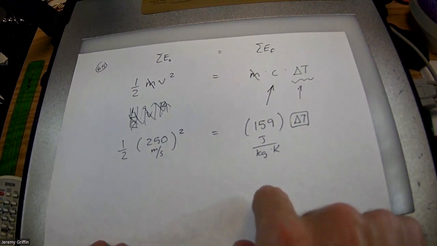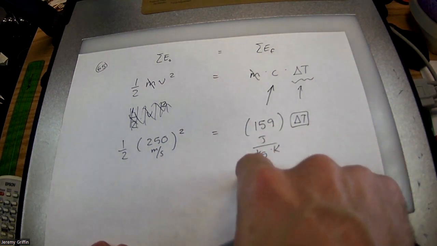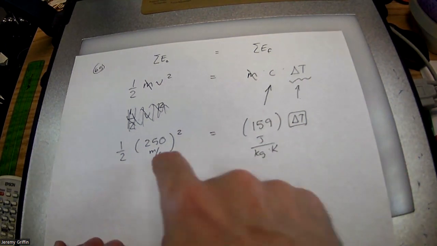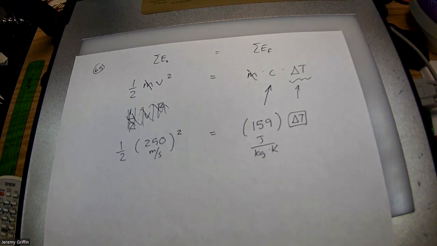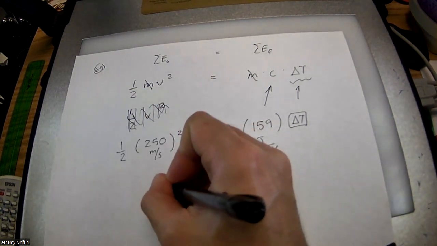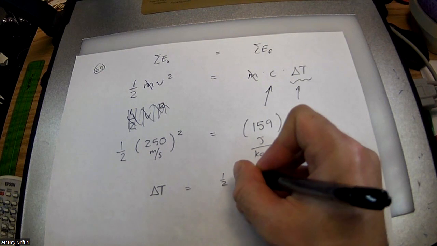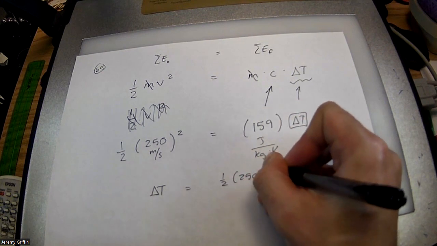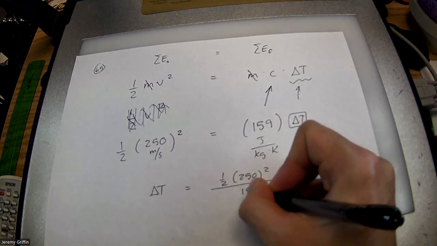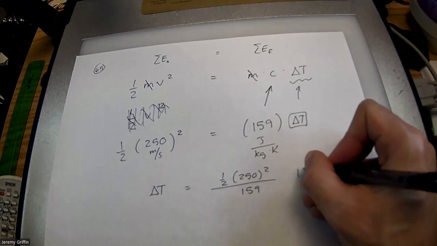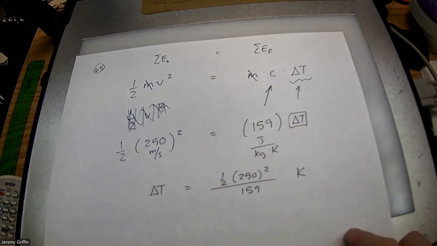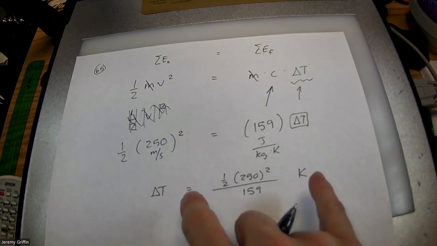Okay. So one algebra step. I'm going to take this 159 joules per kilogram Kelvin and divide that down. So delta T is 1/2 times 250 squared over 159, and that would be some Kelvin, or degrees Celsius, since it's a temperature change.